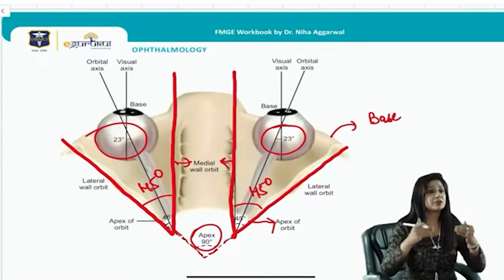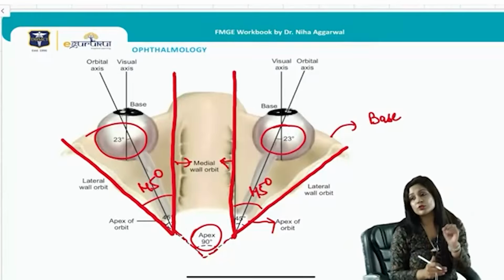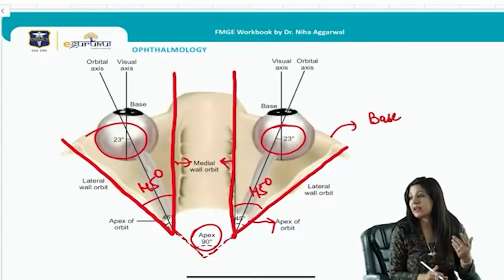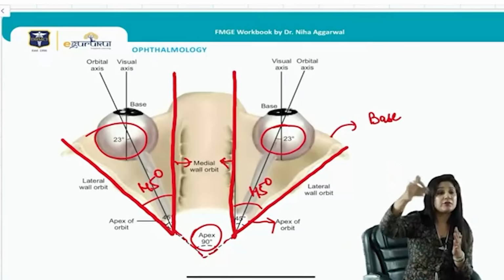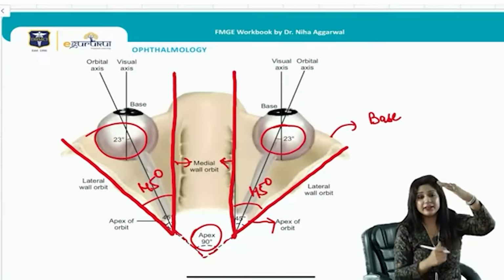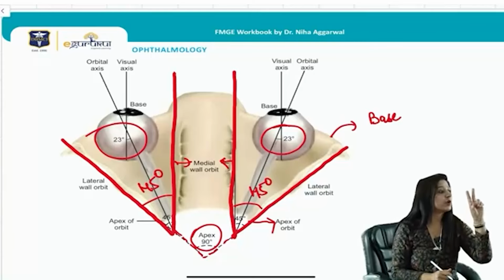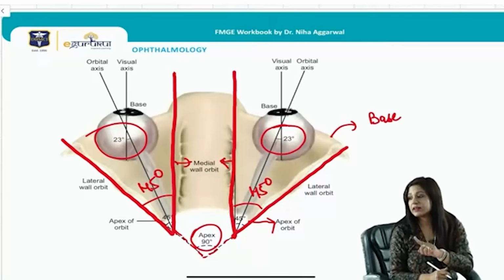Rectus means straight muscle. Muscles at a larger angle, like 51, will be tilted, so they will be oblique muscles. So we will have two kinds of muscles: straight muscles and tilted muscles.